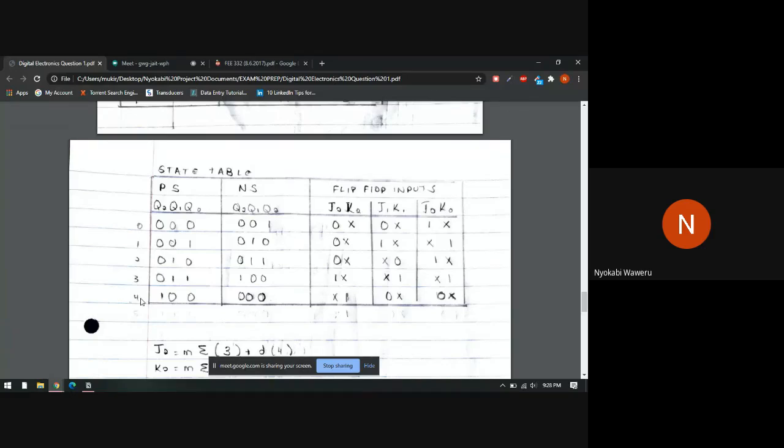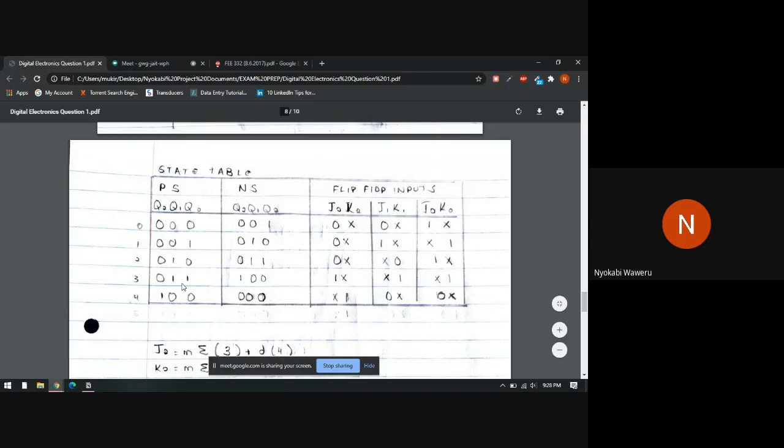So now we have our state table, and it's counting up, and when it gets to 4, it goes back to 0. So previous state 0, next state is 1. When the previous state is 1, next state is 2, previous state is 2, next state is 3, previous state is 3, next state is 4, previous state is 4, goes back to 0.